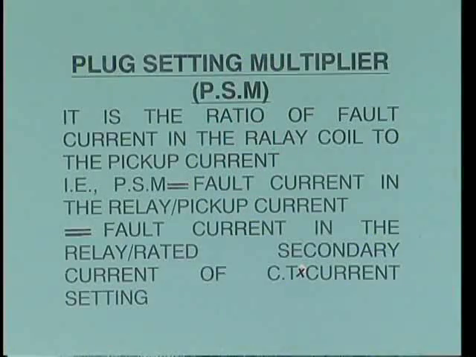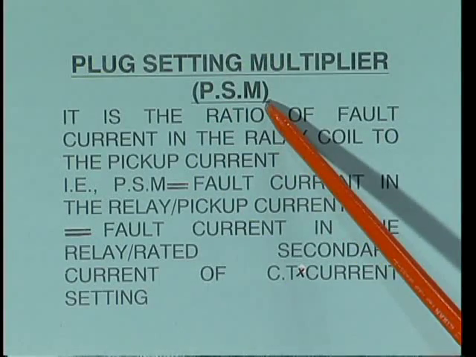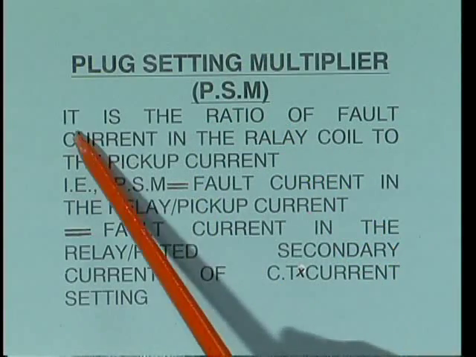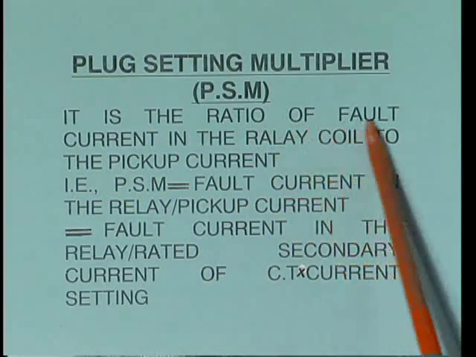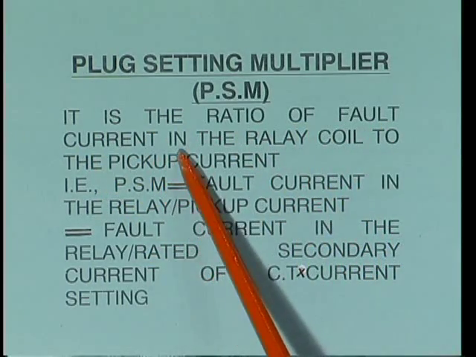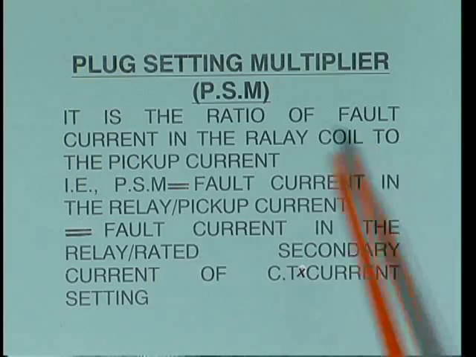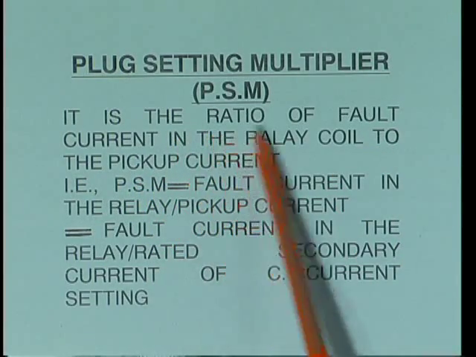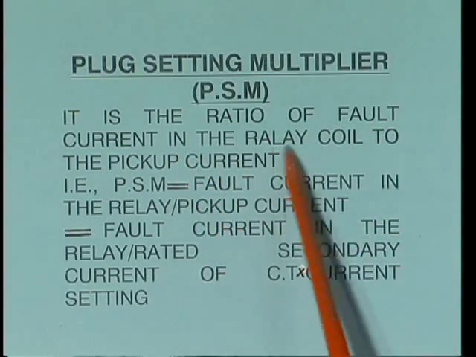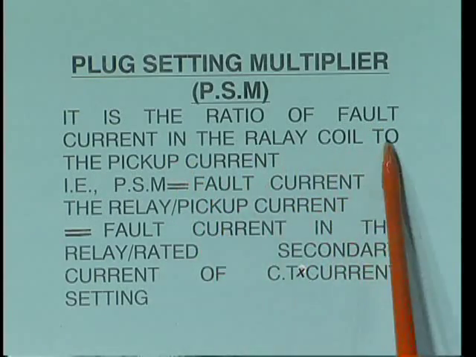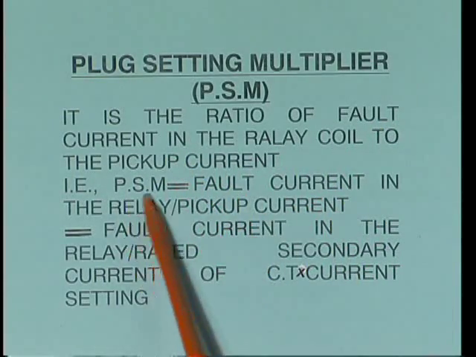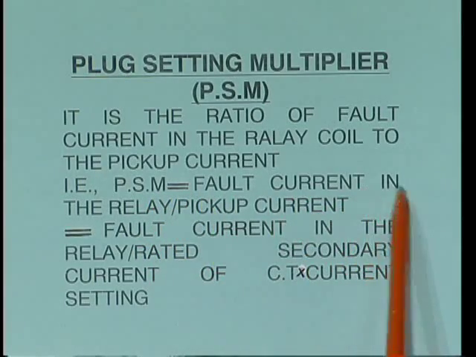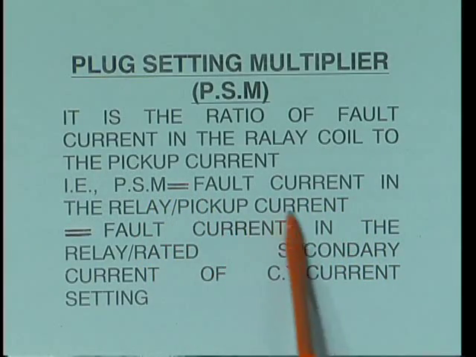Next one is plug setting multiplier. Simply we call it PSM, plug setting multiplier. It is the ratio of fault current in the relay coil to the pickup current. So it is a simple ratio, that is, fault current to the pickup current. PSM equals fault current in the relay divided by pickup current.